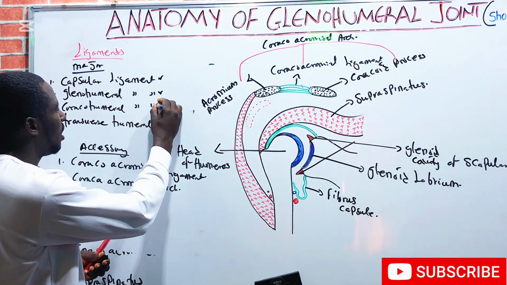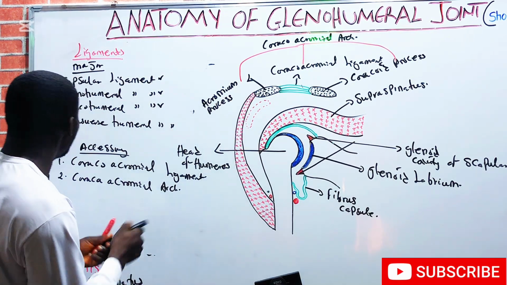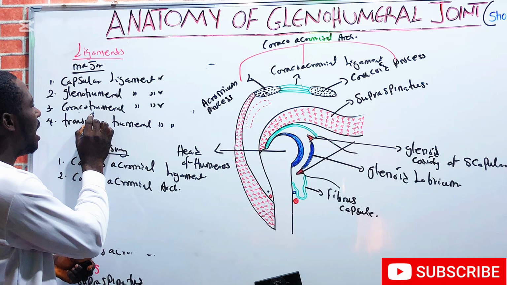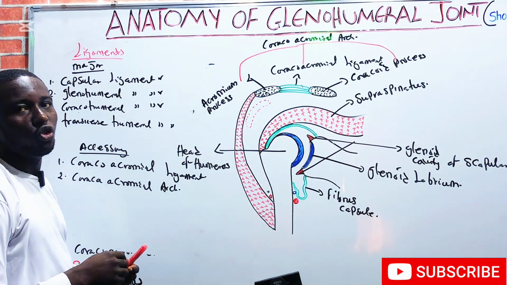The coracohumeral ligament, from the name coraco and humeral, is between the coracoid process of the scapula and the head of the humerus.